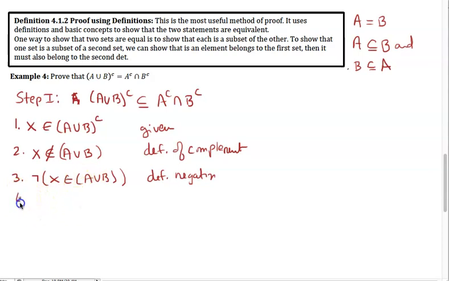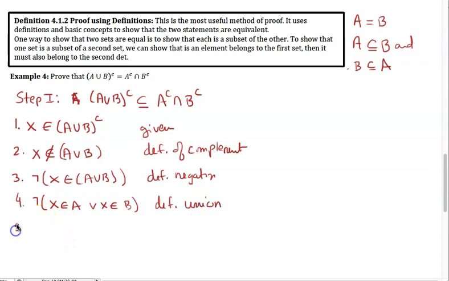All right, so I'm going to say it's not true, and then I'm going to use the definition of union. X in the union of A union B means that X is in A or X is in B. This is the definition of what the union of two sets means.